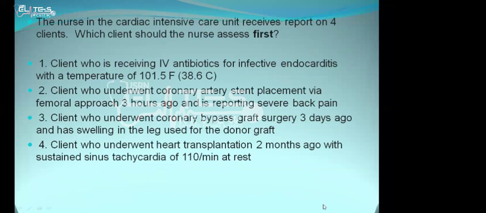Okay, so let's pick the next one. The next nurse, in the cardiac intensive care unit, receives reports on 4 clients. So which of these clients should the nurse assess first? Who can try?